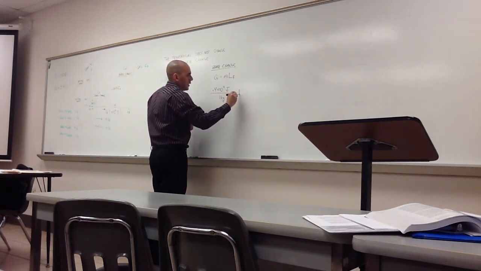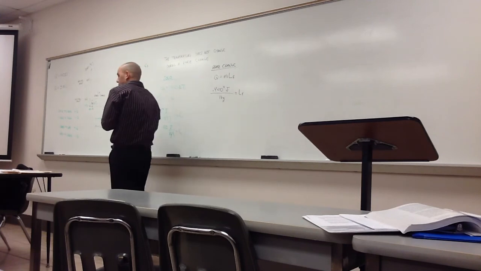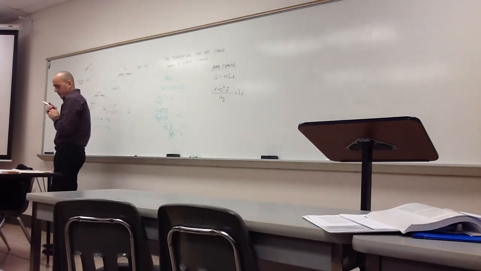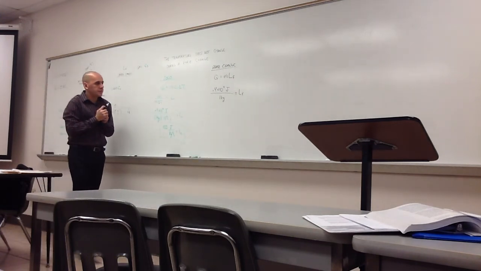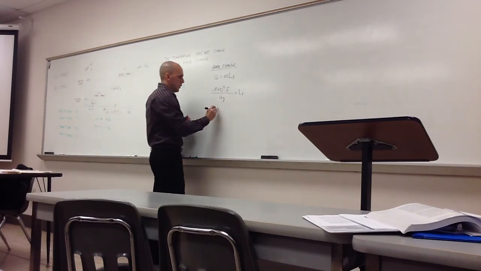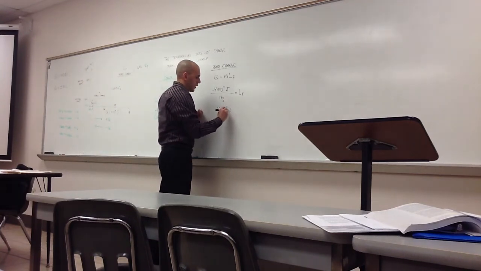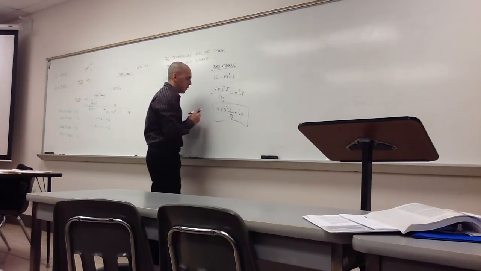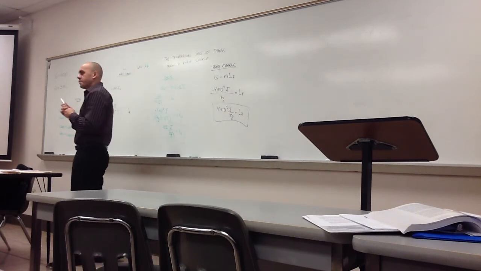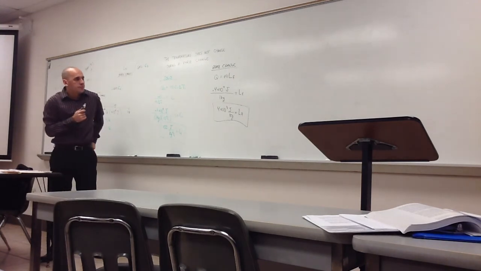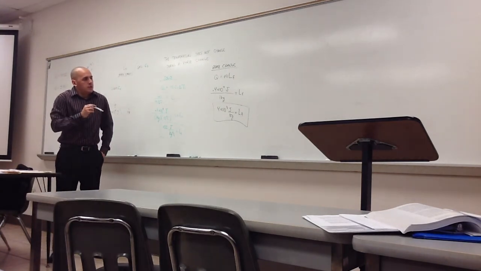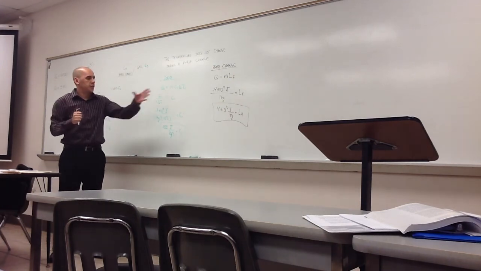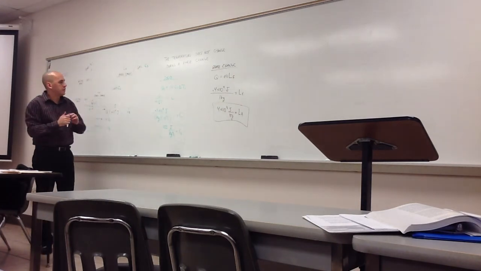I'm just keeping the 1 kilogram everywhere to make sure we keep our units consistent. And this is just the 4 times 10 to the third joules per kilogram for the LF. You guys seen how that works? And then you would do the exact same thing for all the other points.